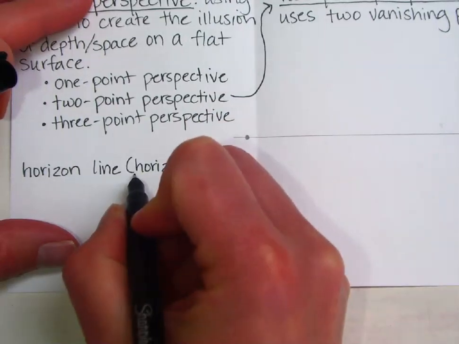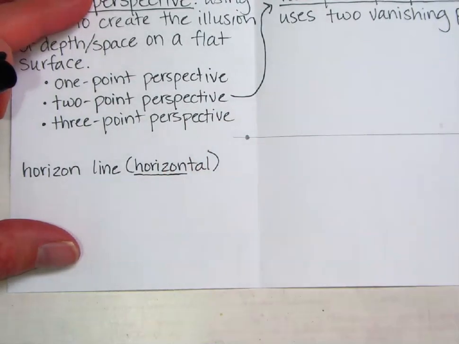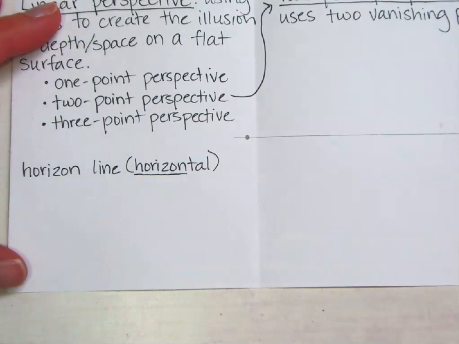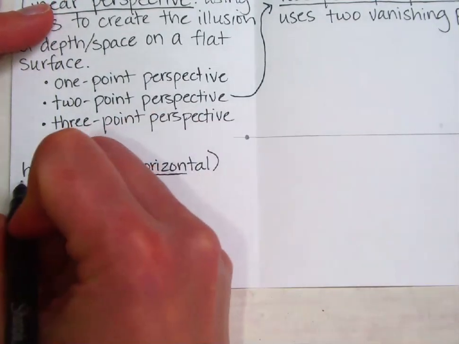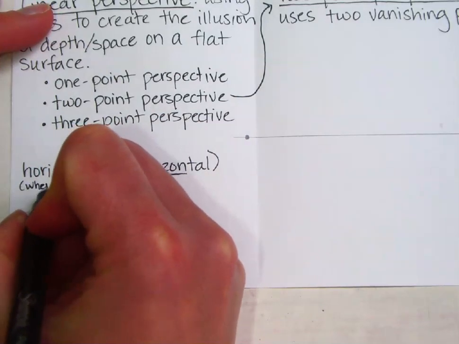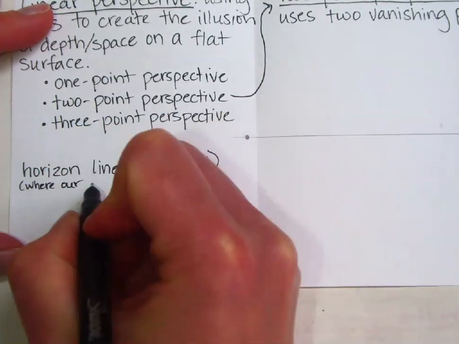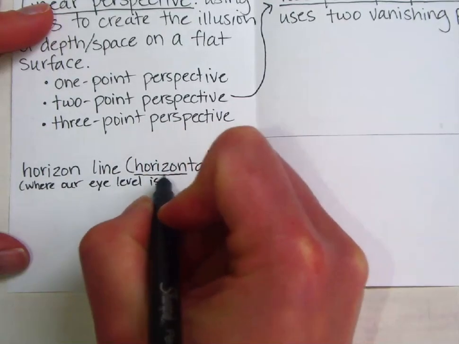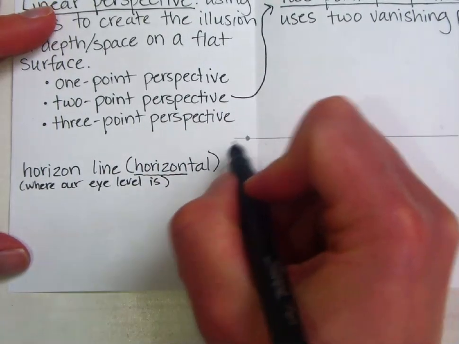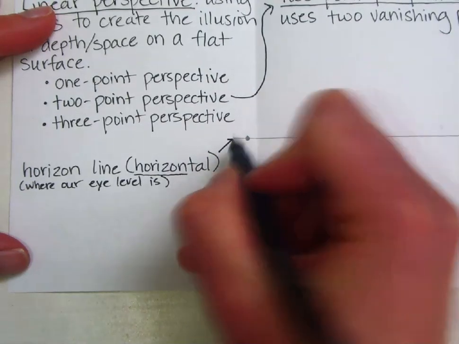Look at that, the word horizon is in there. Okay, horizon line. This is where our eye level is. Okay, that is that line.